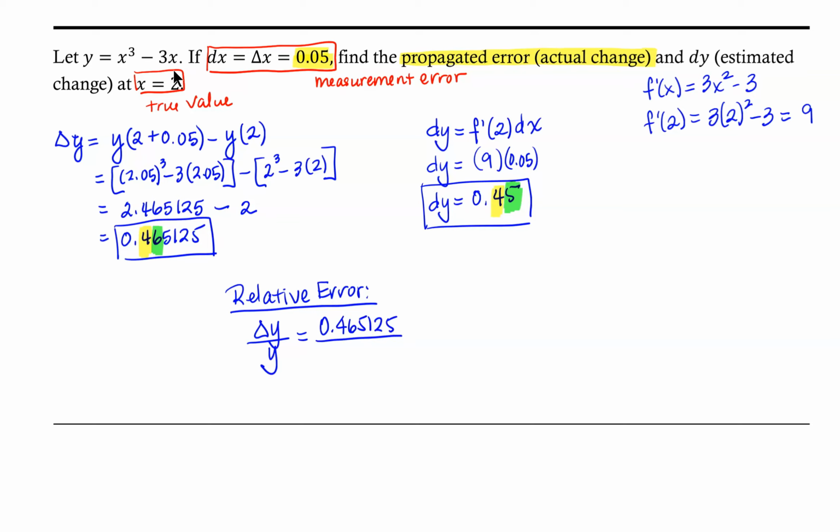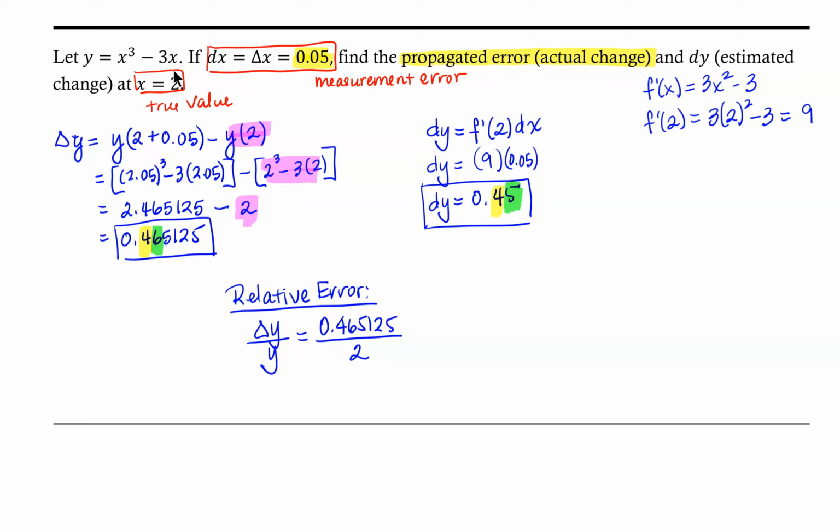Now that's going to be divided by the true value of y. Now notice we did compute that as part of our delta y here. We know that the true value of y should be 2. So notice that we have an error of almost 1/2 or 5/10 compared to a true value of 2.